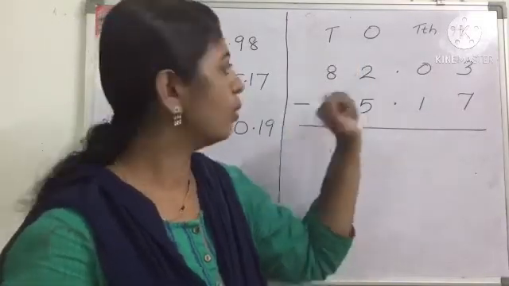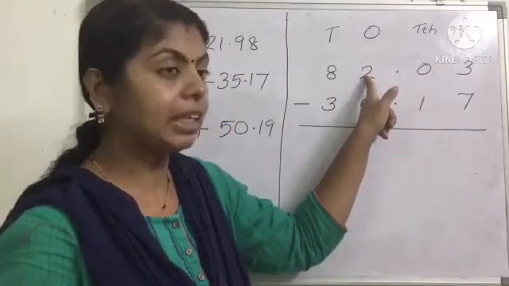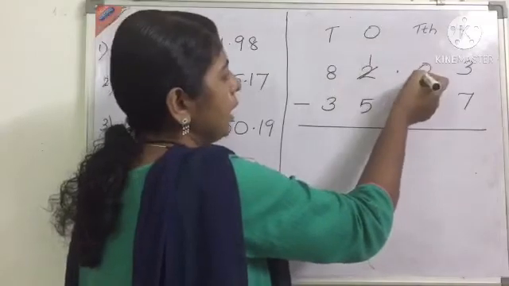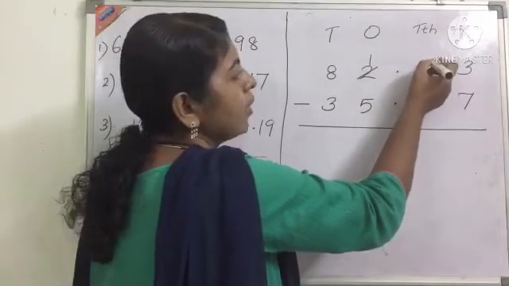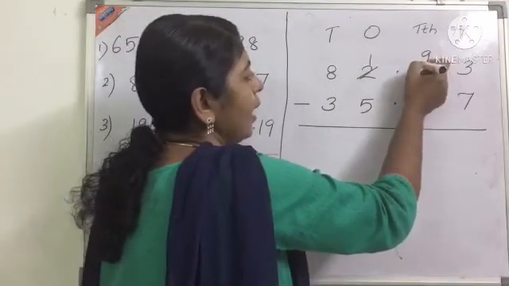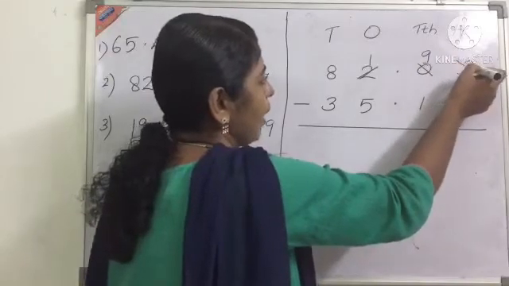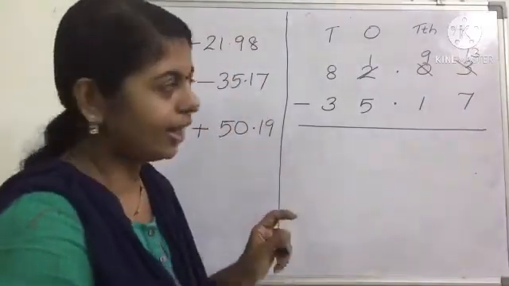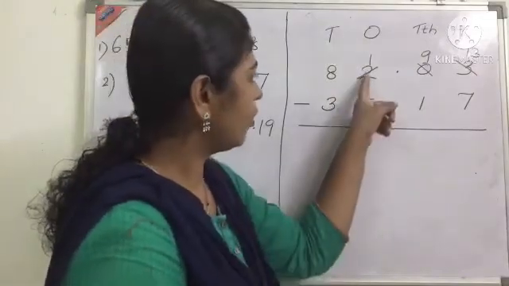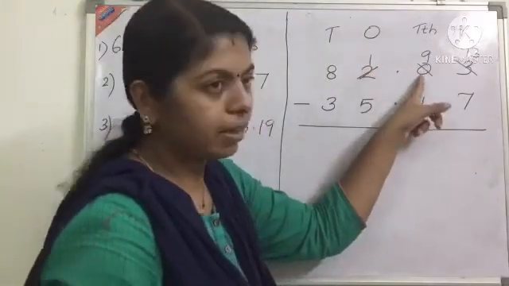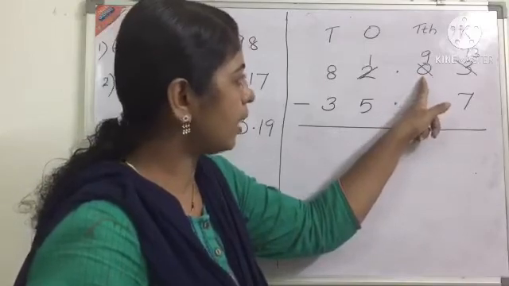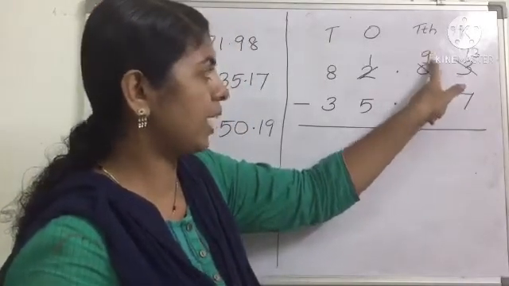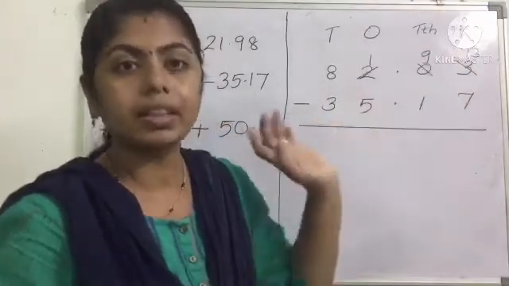Then what will we do? We will take 1 from here. So this 2 will become 1 and this 0 will become 10. From this 10 we will give 1 to this 3, then it will become 9 and this will become 13.